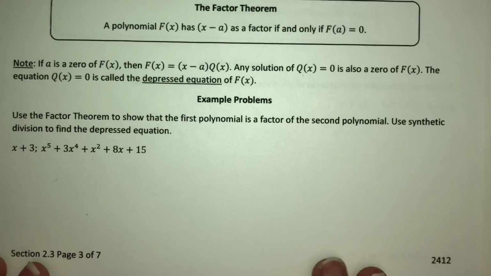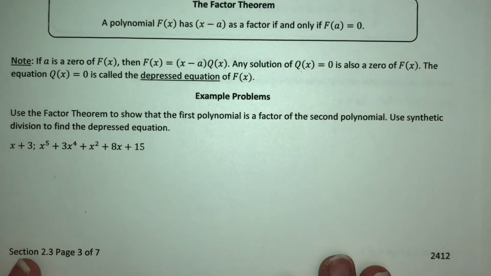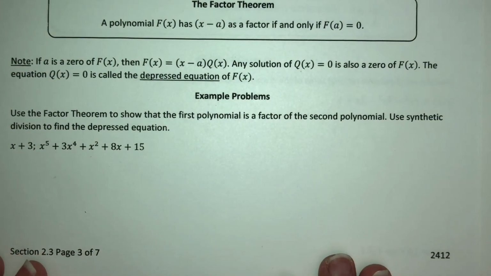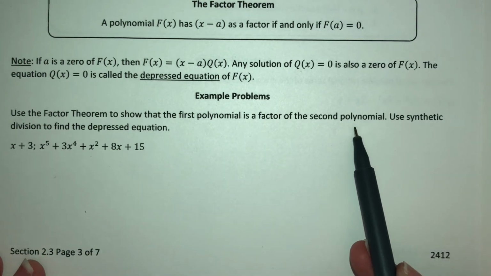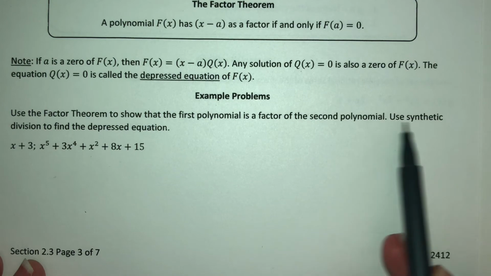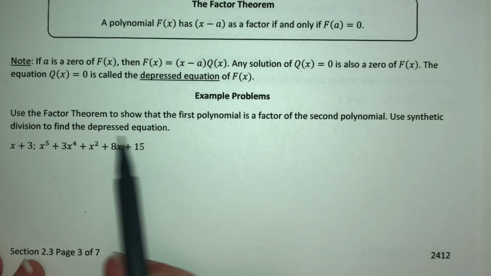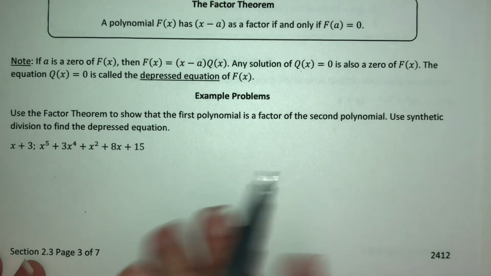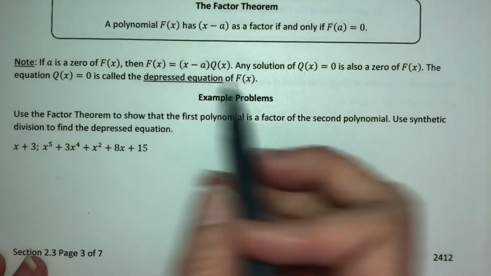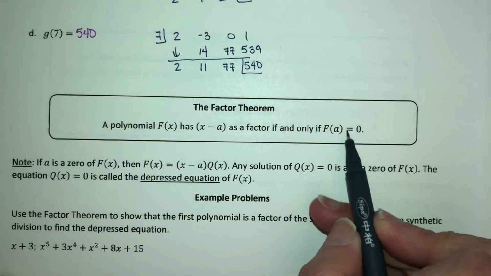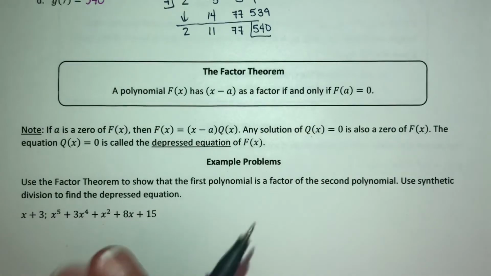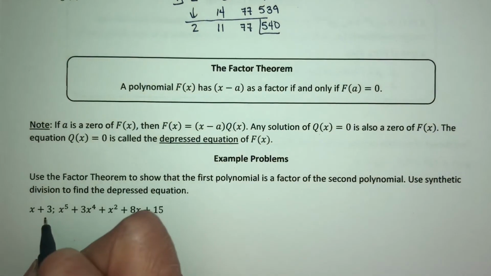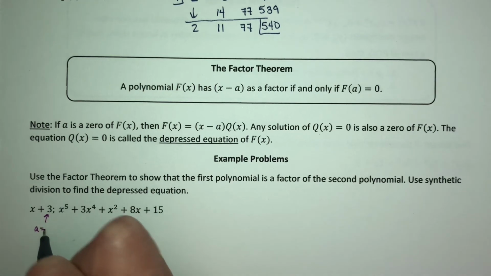Okay, one example here. Use the factor theorem to show that the first polynomial is a factor of the second polynomial. Then use synthetic division to find the depressed equation. So what this is saying is that f of a is 0, and this is supposed to be x minus a. So if I'm using that here, my a value is negative 3.